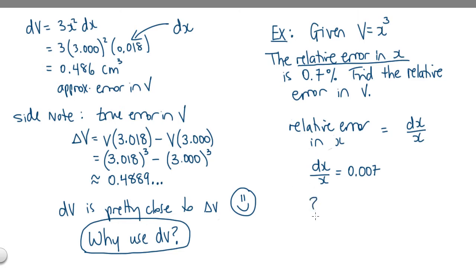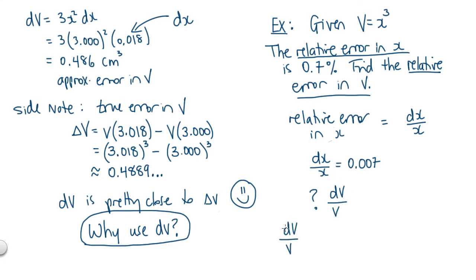The question is asking us to find the relative error in V. Okay, so again, if we think about what relative error means, it is defined as the differential of your variable divided by the variable. So we want dV over V. Let's start with the denominator.